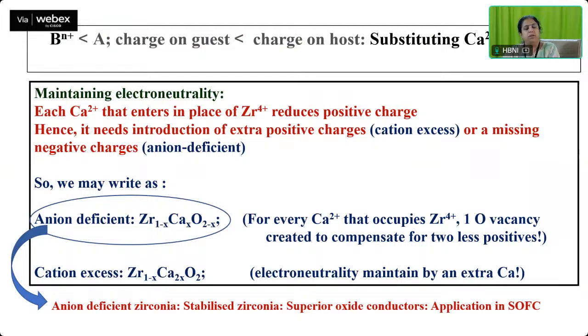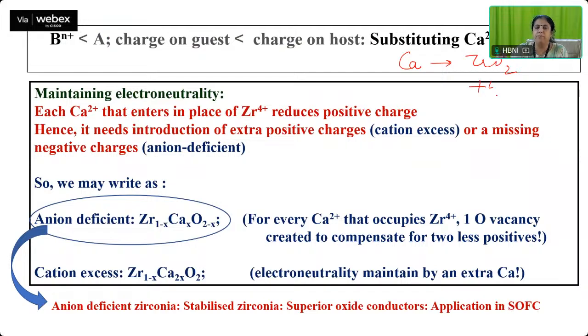Now, coming to the second scenario, which is when the ion that you are doping, that is your guest ion, has got lesser charge than the host ion. Then what would happen? Okay, so let us take the example of substituting calcium in ZrO2.